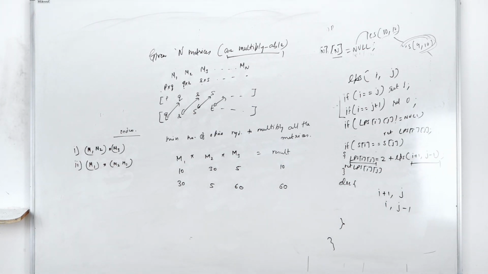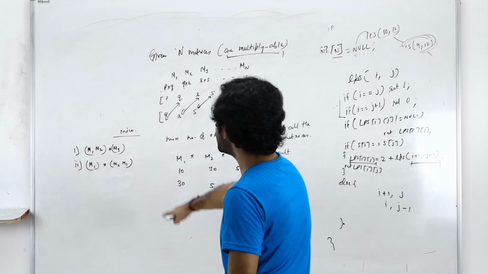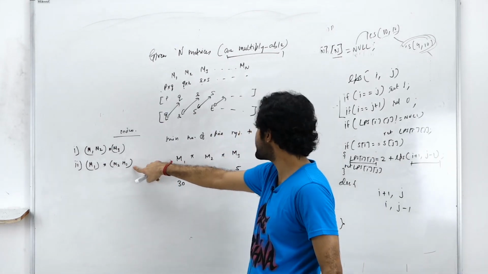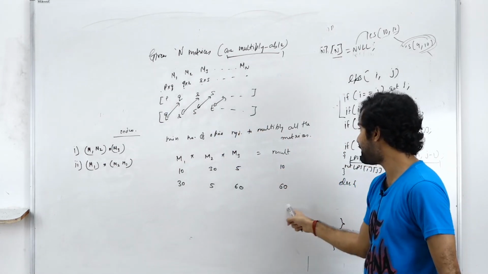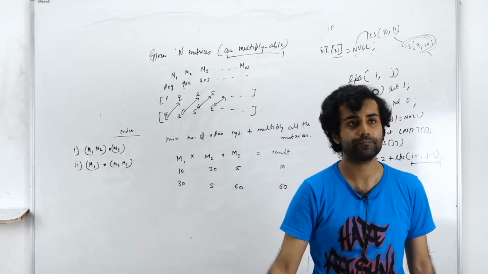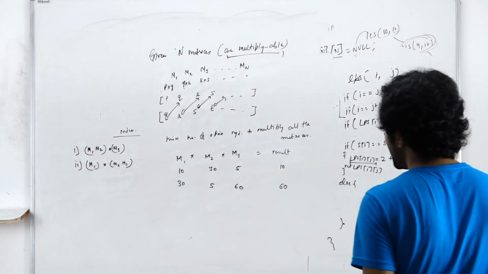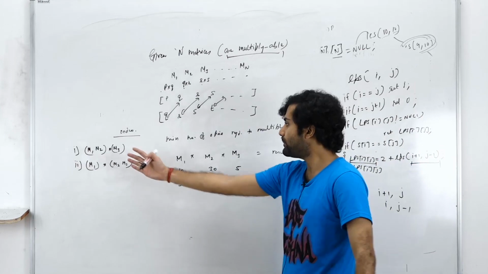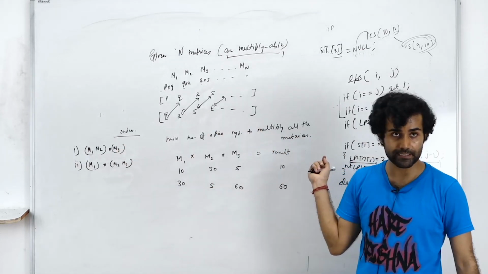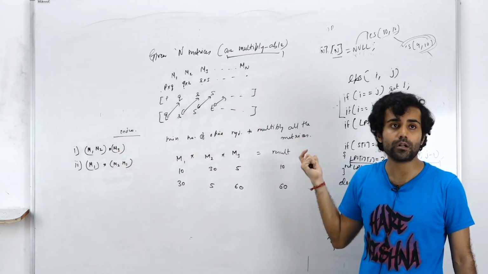But can I say that whether I use this order or this order, my answer will have this dimension only? Somebody said no. That should be yes, right? It does not really matter how you multiply them. If you are getting the same result, the dimensions should also be the same, right?